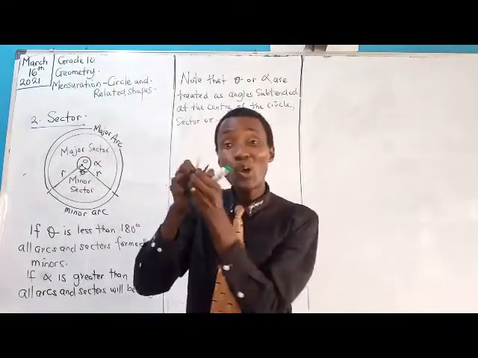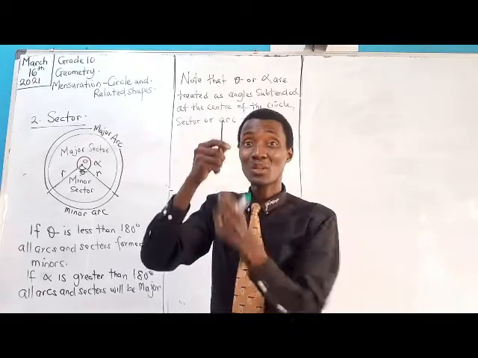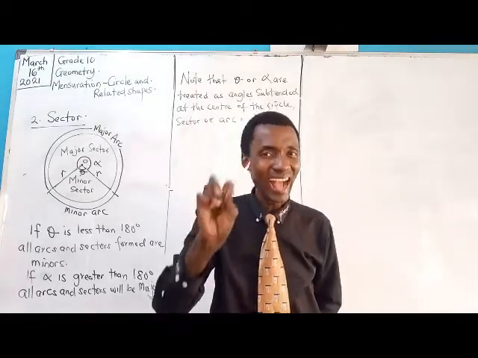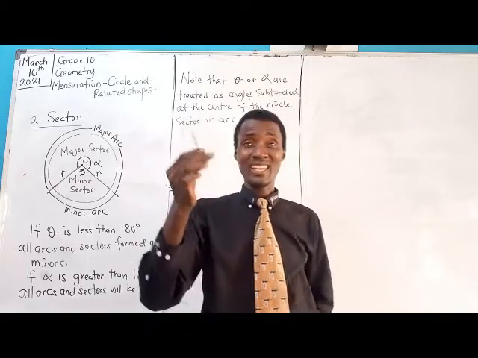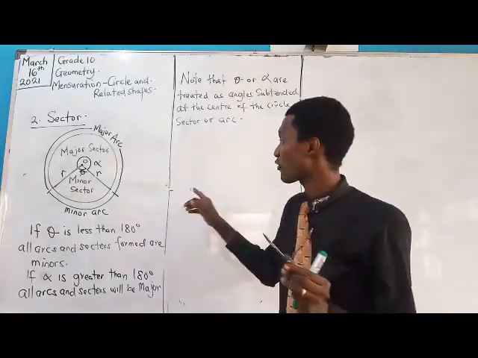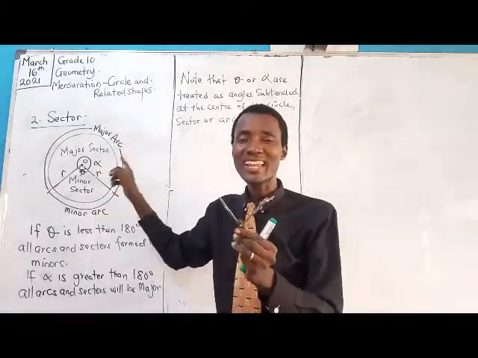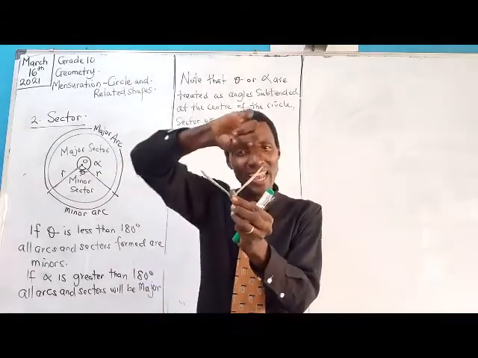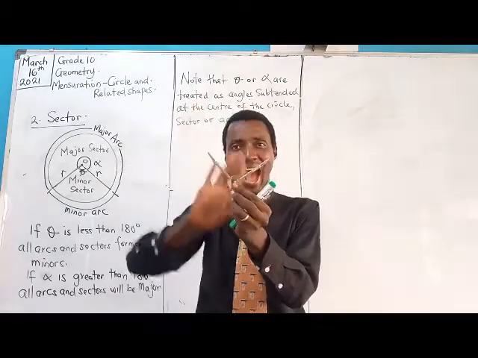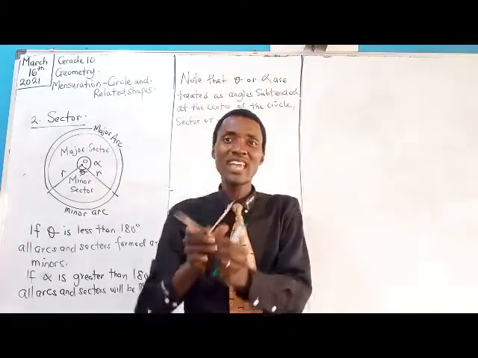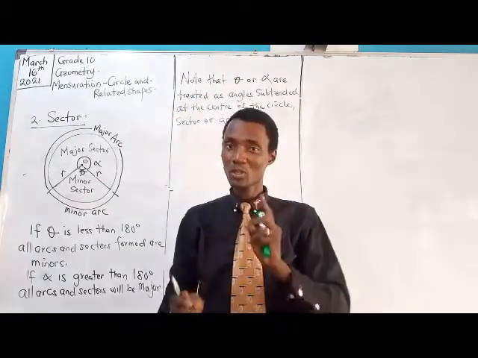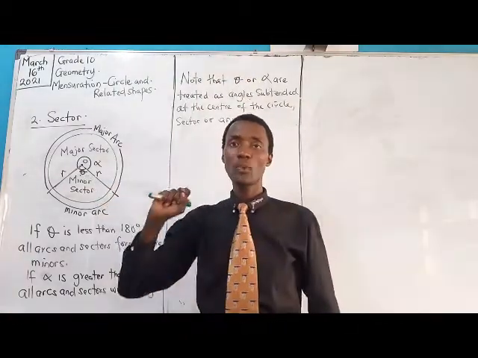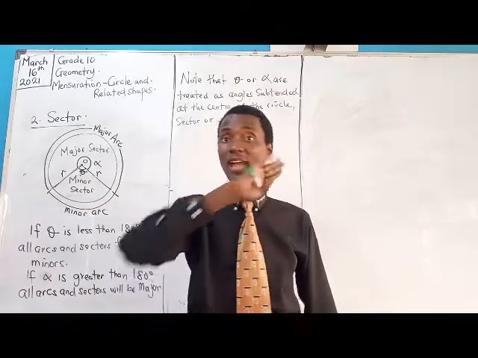So it is this angle that is critical to the size of the sector or the arc. Let's take note of that. The size of the angle, which we have called the angle subtended at the center, is critical to the length of the arc and the area of the sector so formed. Take note of that. So if the angle is less than 180 degrees, it is a minor.